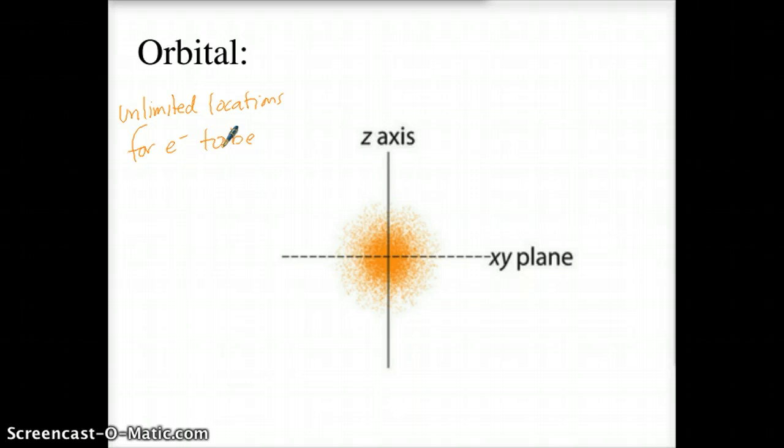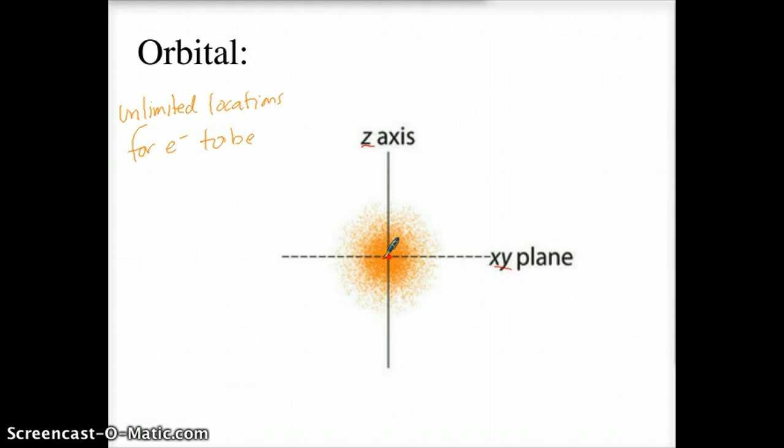There are some places in the atom where an electron is much more likely to be than other places. So what we see here is a plot of the xy plane and the z-axis, so 2-dimensional. Remember, we're taking a 3-dimensional object, an atom, and making it 2-dimensional. So in the center of that atom would be the nucleus.